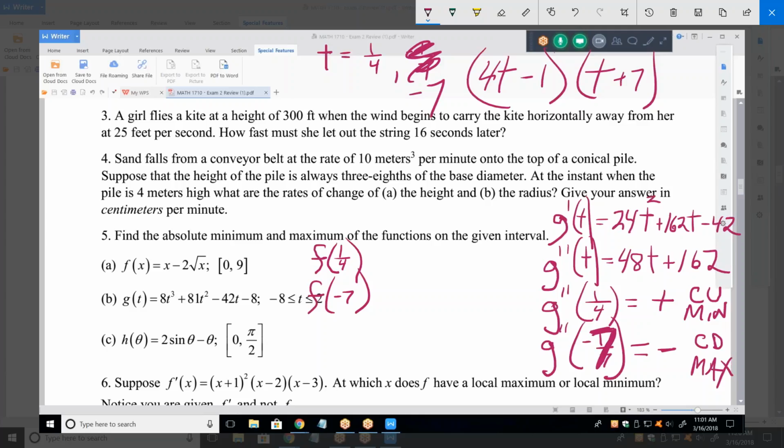If you were looking at the graph, you could visually see it. But we have to test both of our inside points and the extremes, in other words, the outside of the interval. So we've got to come up with those 4 numbers, and then we'll compare them with one another. The absolute minimum and maximum have to be in one of these 4 values.